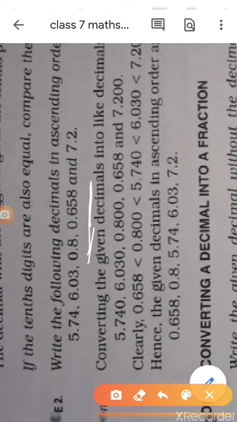Out of these numbers, 5.74 is the smallest, because we compare the whole number part first, and while comparing the whole number part, we come to know that 5 is the smallest of all three. So 5.74 is the third smallest decimal number. And then comes 6.03, and at last comes 7.2. Now it has been arranged in the answer.